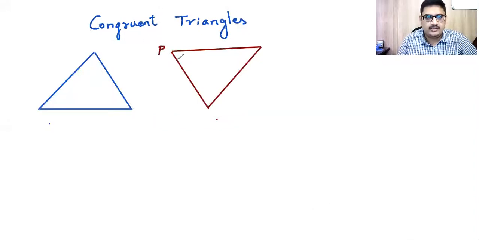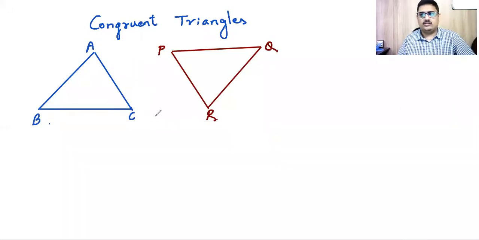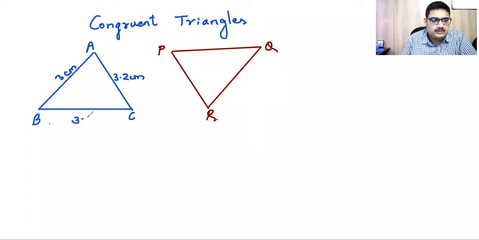Let me name this as P, Q, R, and the other one as A, B, C. I have named the vertices of the triangles. Let's say AB is 3 centimeter, AC is 3.2 centimeter, and BC is 3.5 centimeter.